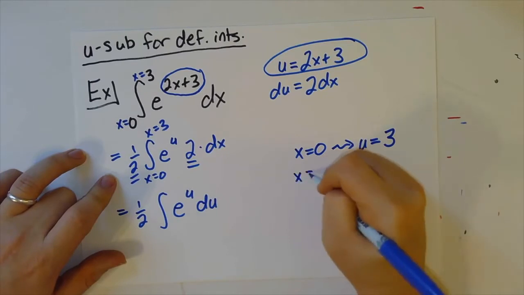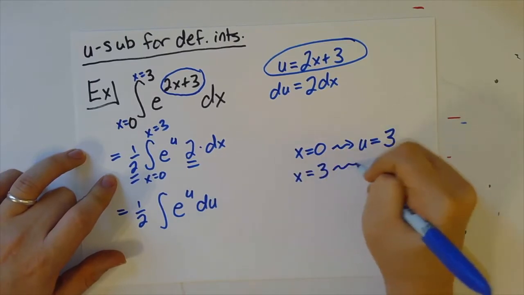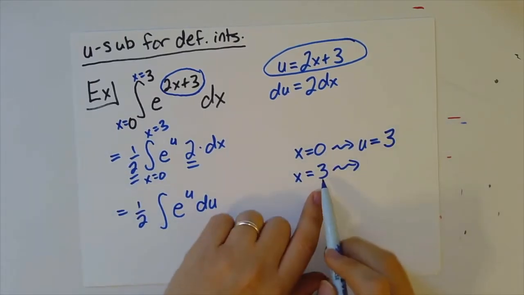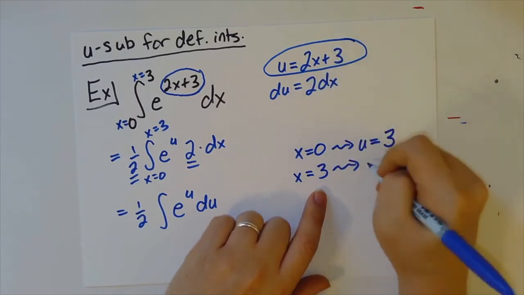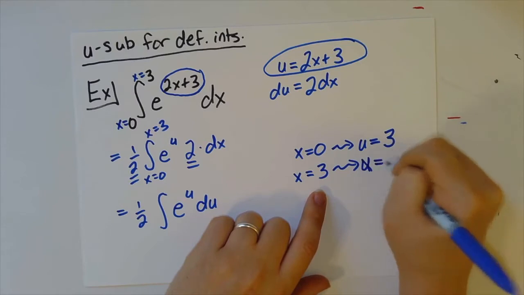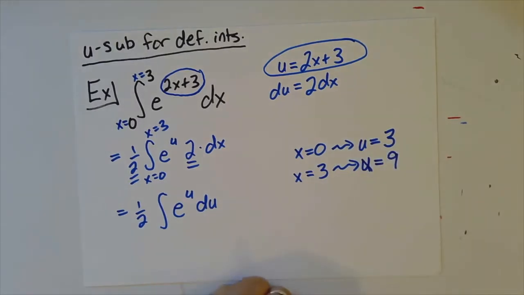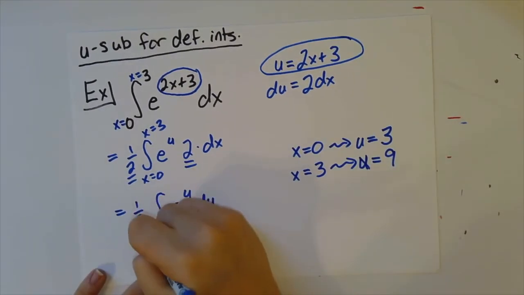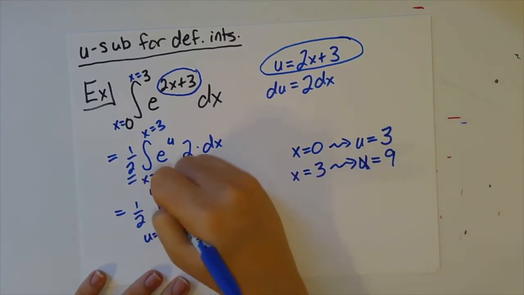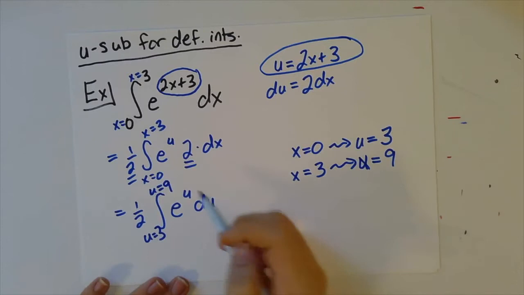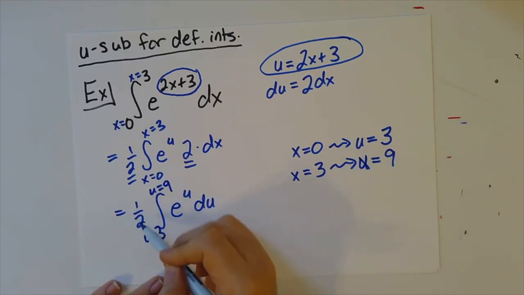And if x is 3, then likewise I plug 3 into this equation, and I get 2 times 3 plus 3. That becomes u is 9. And so this becomes the integral from u equals 3 to u equals 9 of this. And remember, we have this 1/2 hanging out front.